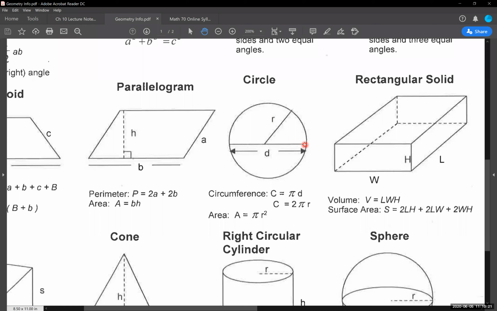The diameter could also be written as the diameter is equal to 2 times the radius, because it's double the length of the radius. You could also think of it as the radius is half as long as the diameter. So we can go back and forth between having both of these things calculated if we know at least one of them.